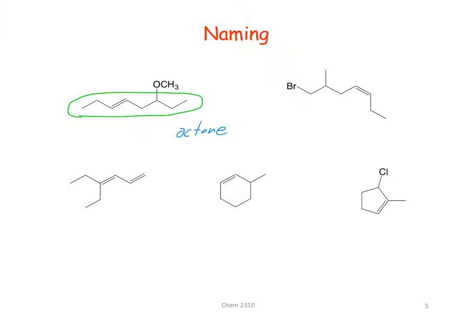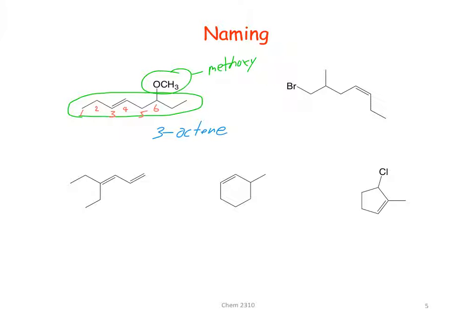All right, and the double bond is at the 3 position. 1, 2, 3, 4, 5, 6, 7, 8. So a 3 octene. All right. Then we have 1 substituent. This one here. Remember what that's called? It has a methyl and an oxy. This is a methoxy.